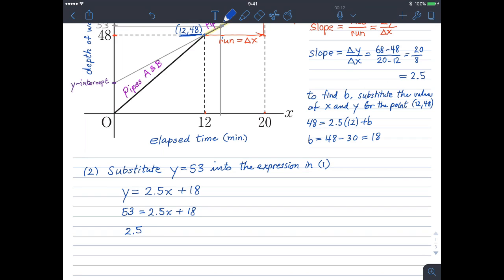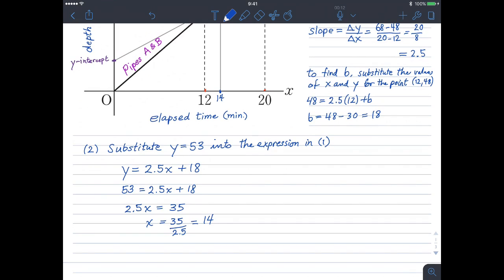Solving for x, we get 2.5x equals 35. x equals 35 divided by 2.5, which equals 14. So we can write the answer as 14 minutes after the filling begins, the depth of the water becomes 53 centimeters. So the answer is 14 minutes.